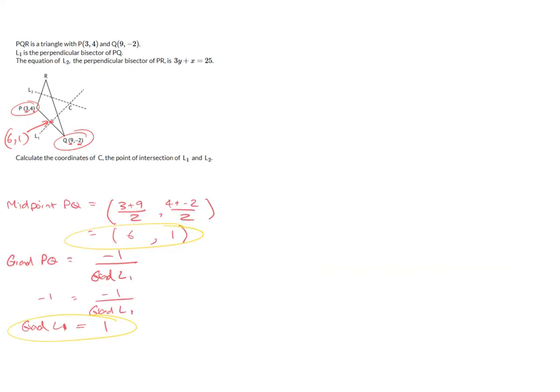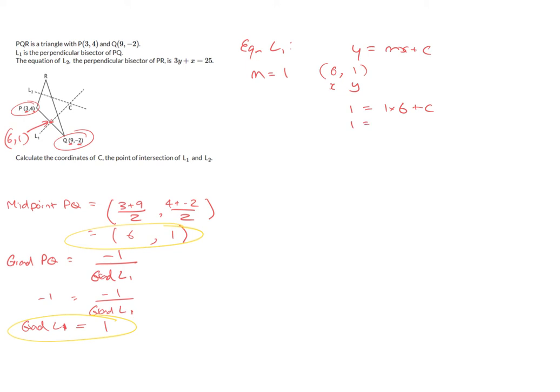So for the equation of L1, which is a straight line, so it's y equals mx plus c, I know that m equals 1, and I know it goes through the point 6, 1. So I have a value for x and I have a value for y. So 1 equals 1 multiplied by 6, that's my gradient, multiplied by my x value, plus c.